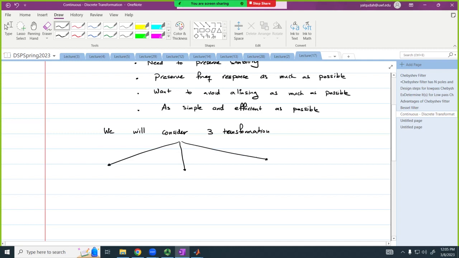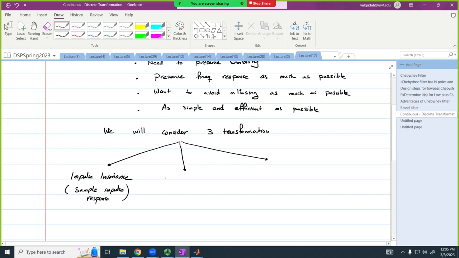Again, if you're lost of where we are, we're trying to transform the continuous time filter to the discrete time domain. The first method is called impulse invariance, and this is based on sampling the impulse response. We'll see what that means.